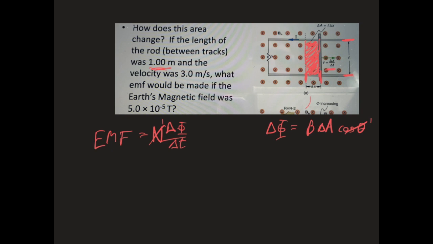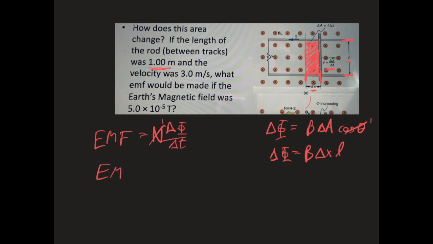So for the time being, I'm going to write delta phi equals B times delta A, but delta A is length times width, so it's delta x times L. We don't know delta x, but we're going to keep it there for now because when I put these equations together, there's a cool little trick that we can do, and hopefully you see it.